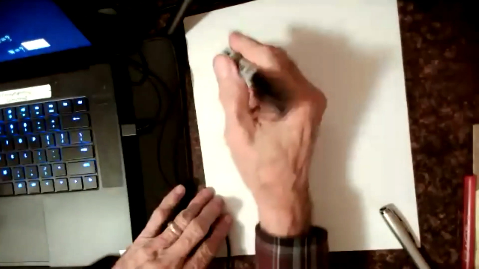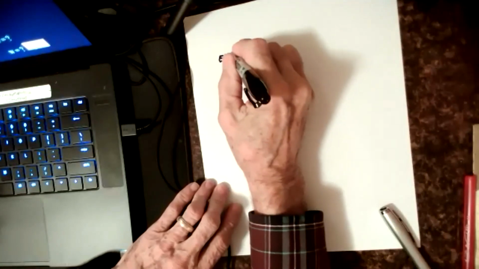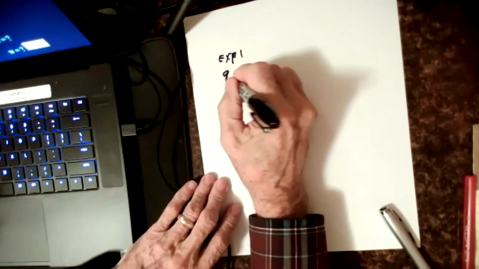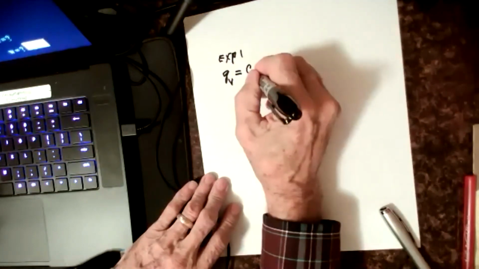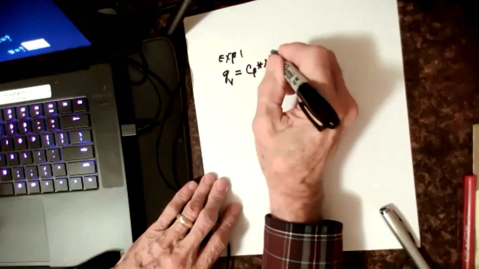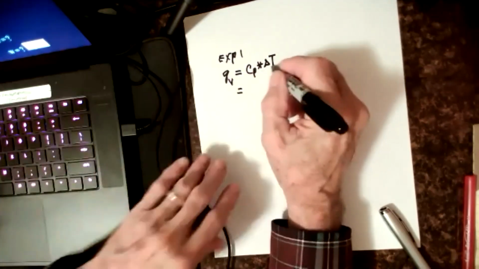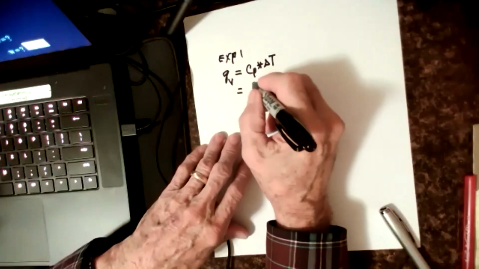So now for experiment 1, I know Q is going to be constant volume, and that's going to be the CP of the calorimeter times delta T. I'm not doing initial and final.